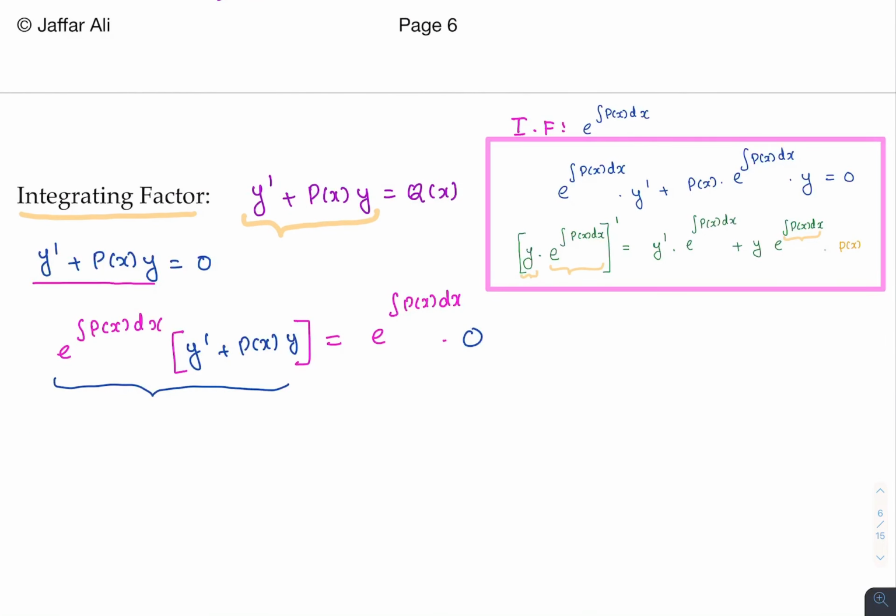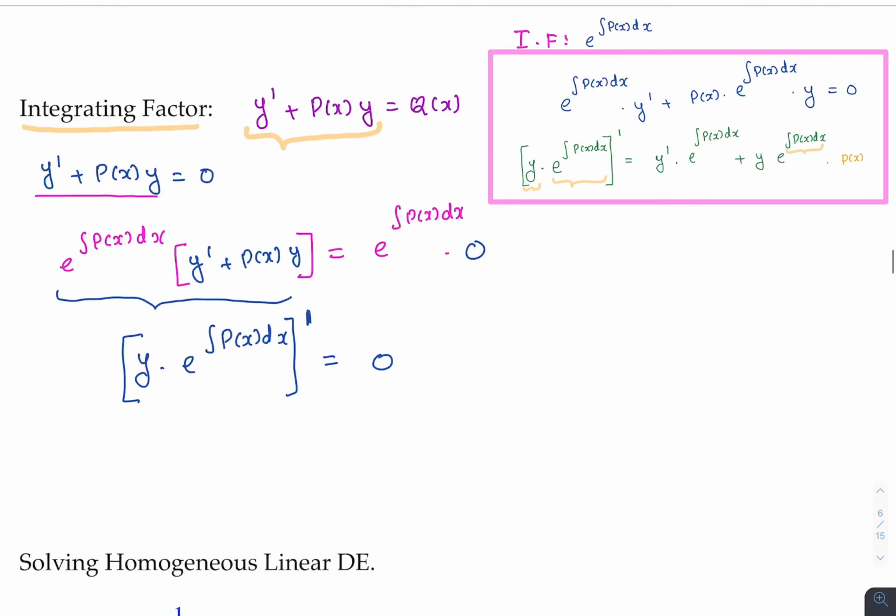So you see that now the left-hand side turns out to be the derivative of y times e to the integral of p of x dx. And the right-hand side is 0, since 0 times anything is 0. Now, since I have the derivative, I can integrate both sides.